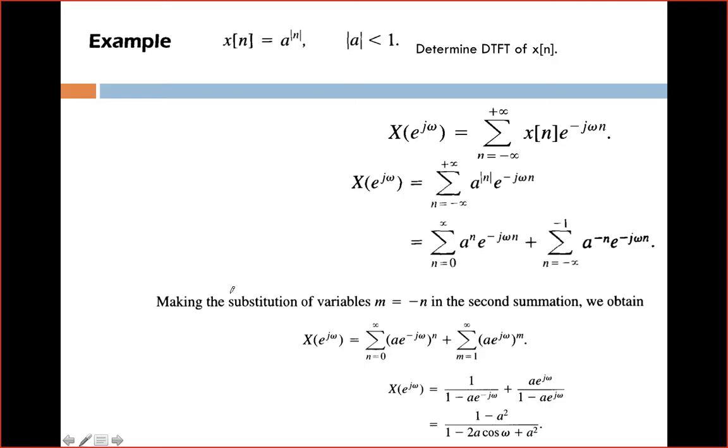If you have some good idea about Fourier transform and Laplace transform, then it is very easy to proceed further with discrete time Fourier transform and Z transform. The same kind of problems we are going to discuss in Z transform and also discrete time Fourier transform.